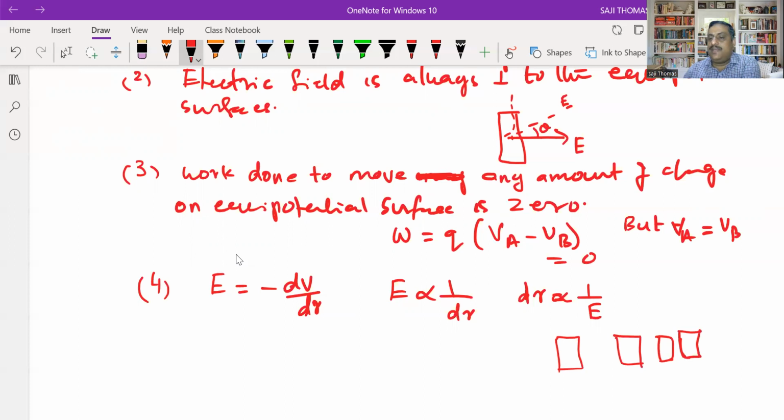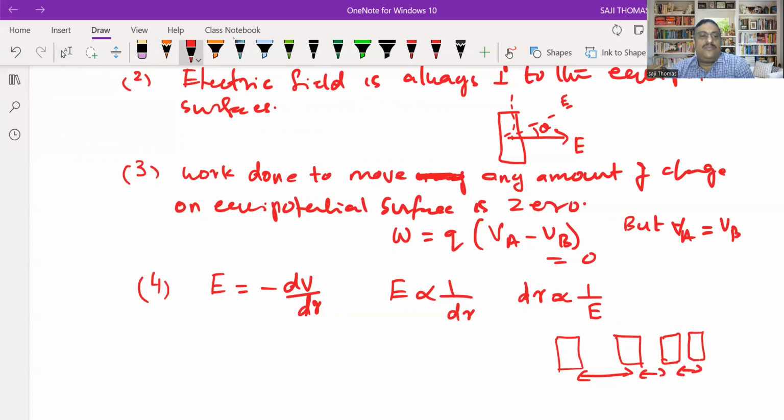Planes of same area, but the distance between them will decrease. See, these are the equipotential surfaces in an electric field whose magnitude increases along x direction. So when magnitude of electric field increases, the spacing between the equipotential surfaces goes on decreasing. This is an important property.